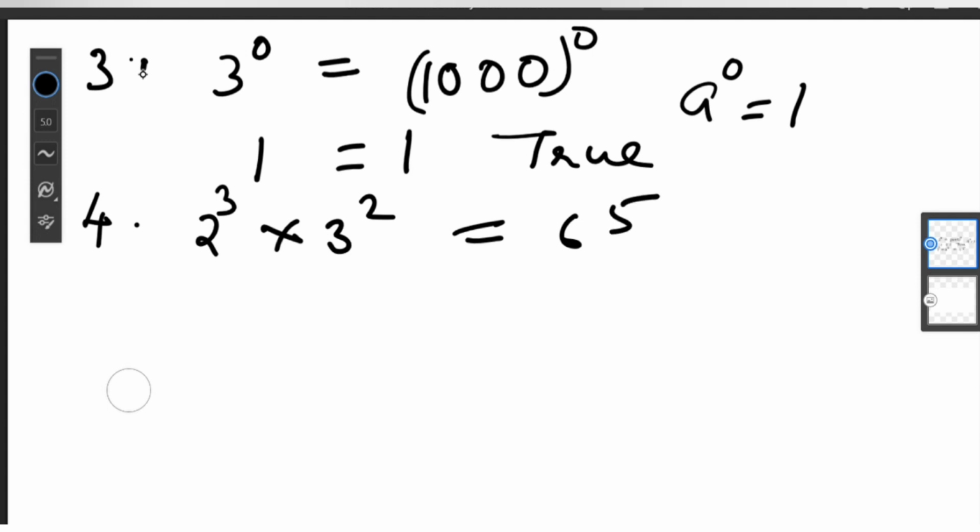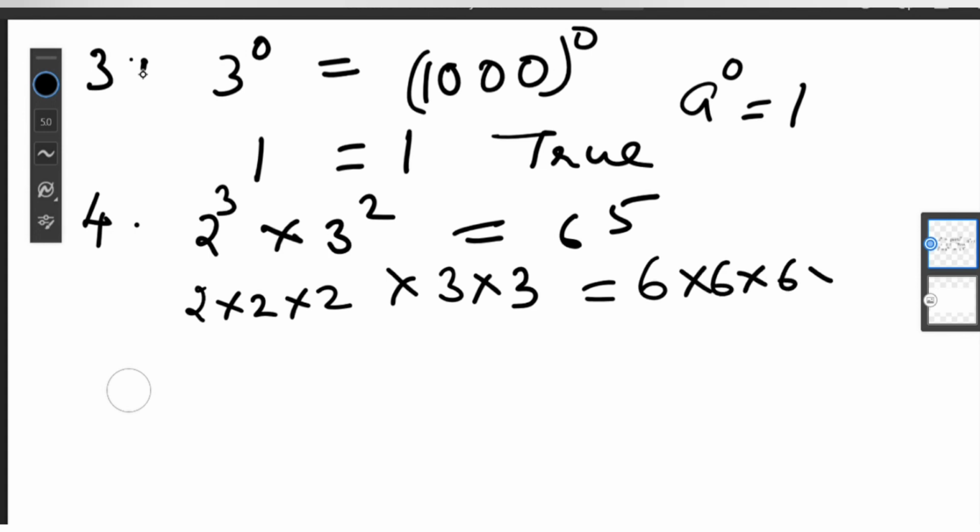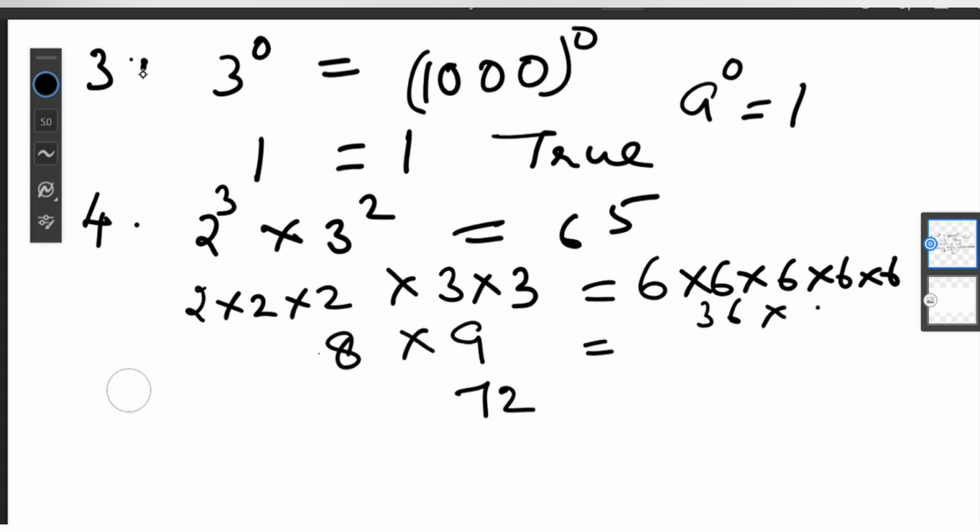Then the fourth one, 2 cube into 3 square is equal to 6 raised to 5. That we have to find out. 2 cube is actually 8, that is 2 multiplied 3 times, and 3 multiplied 2 times is 9. 6 is multiplied 5 times. 9 into 8 is 72.